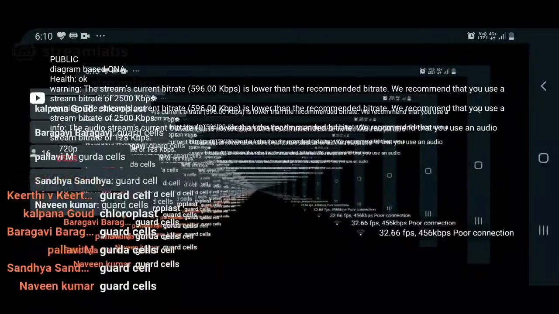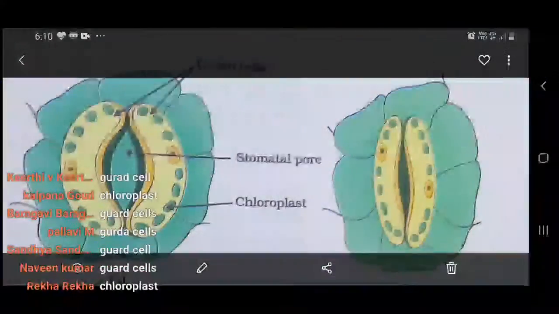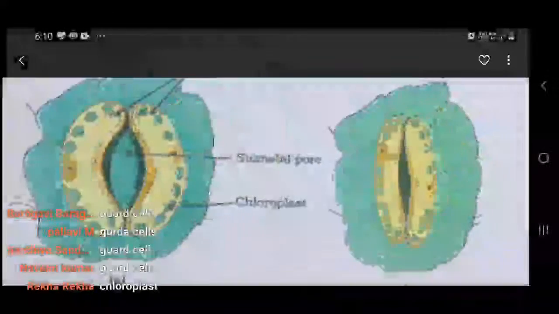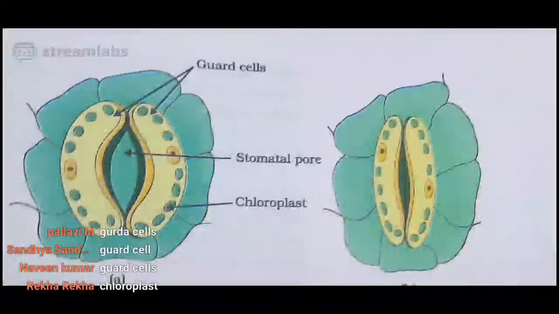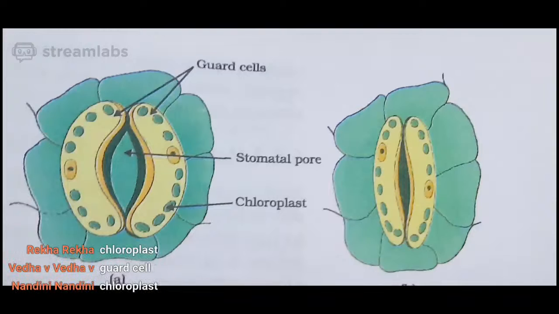Okay, I'll share the screen once again. You just have a look. I'm asking about the very big green cells, enlarged cells, outermost enlarged cells.